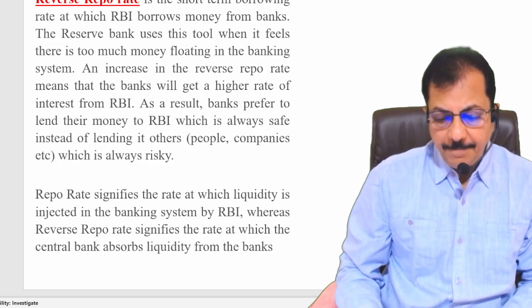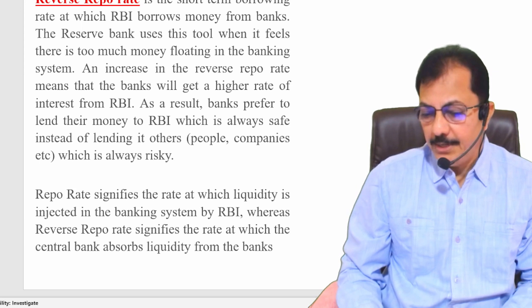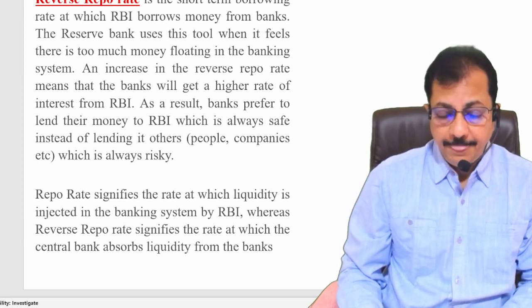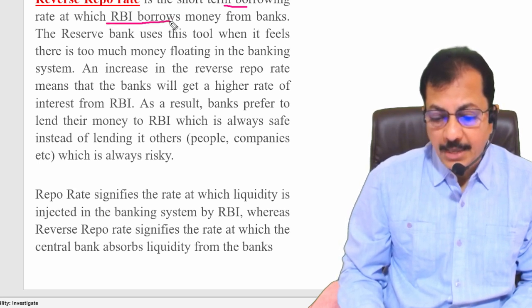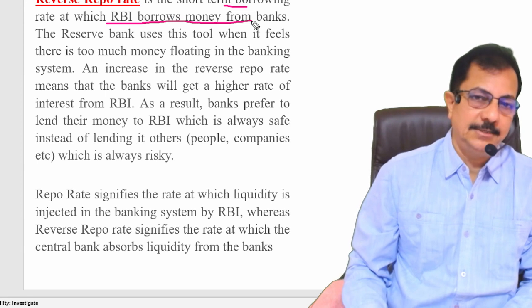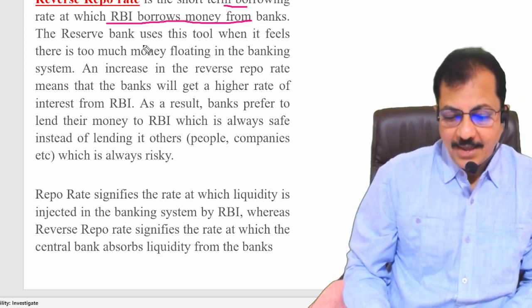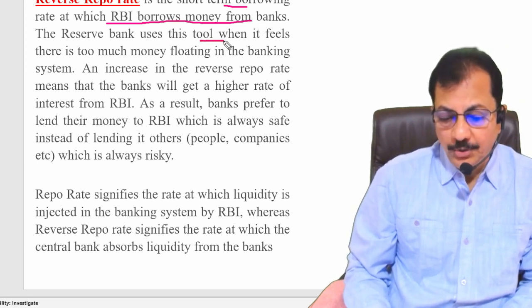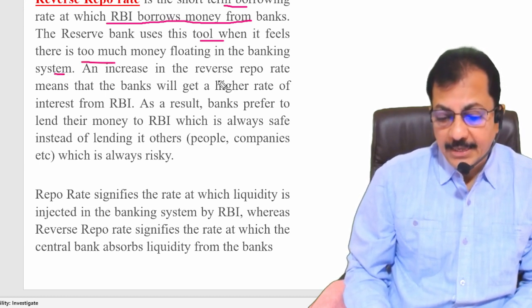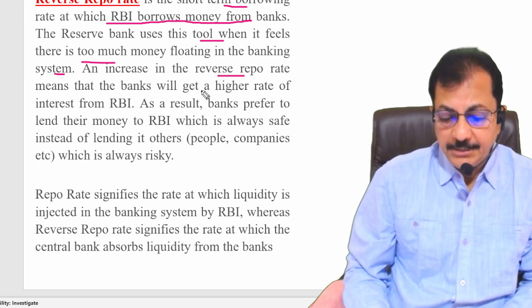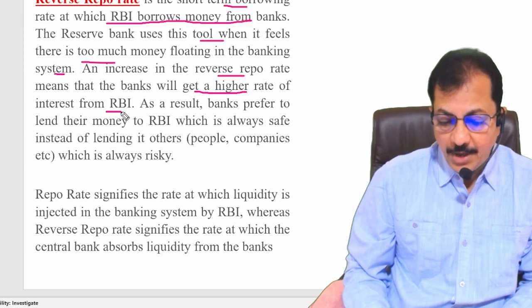So next is the reverse repo rate. Already we have understood, right? It is the short term borrowing rate at which RBI borrows money from the banks. RBI uses this tool when it feels there is too much money floating in the system, and an increase in the reverse repo rate means the banks will get a higher rate of interest from RBI.